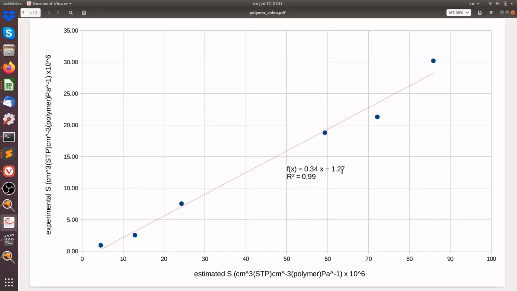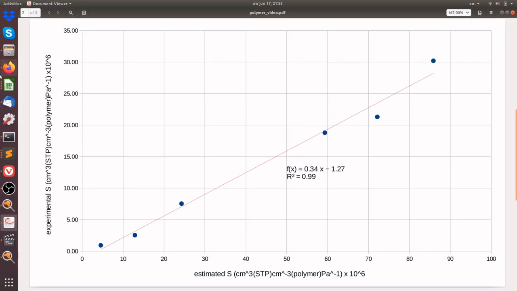There's a large portion of polyethylene in which no gas molecules can dissolve, so in this case it represents an overestimation that COSMO-RS makes as compared to the experimental values.